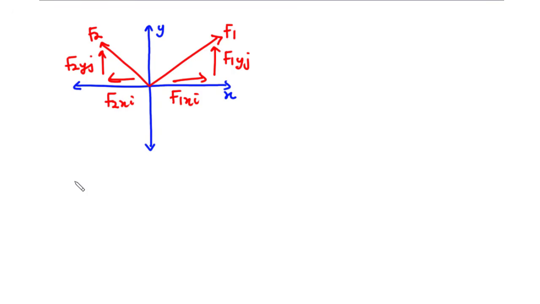Now, for equilibrium to be established, these forces must sum up to produce a zero resultant force. That is, the summation of F should be equal to 0. Now, this can be expressed as summation of Fx i plus summation of Fy j is equal to 0.